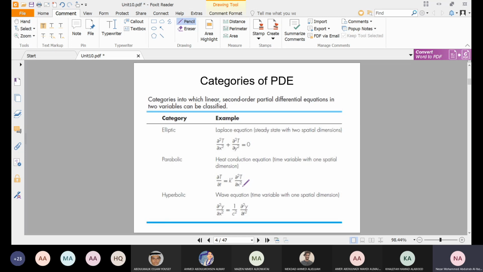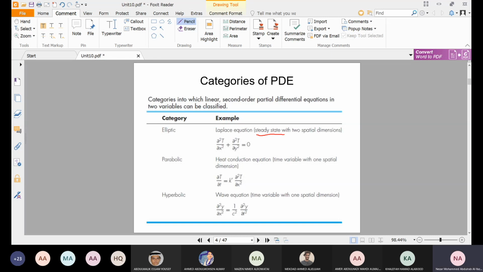Elliptic equation, an example of the elliptic equation is the Laplace equation. The Laplace equation is represented by the steady state case, where the derivative with respect to time does not appear. There is no derivative with respect to time.